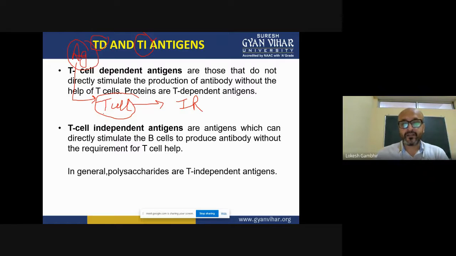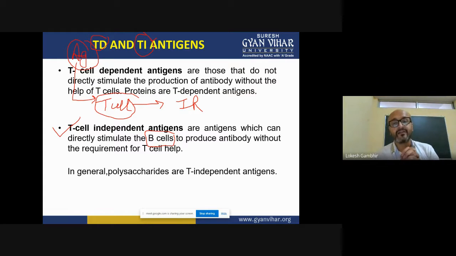And if our body is mounting an immune response with the help of B cells following the humoral axis, then those antigens are called T cell independent antigens. So if my body is clearing a pathogen based on antibody only, then there is no involvement of T cells, and I'll call it a T cell independent antigen.